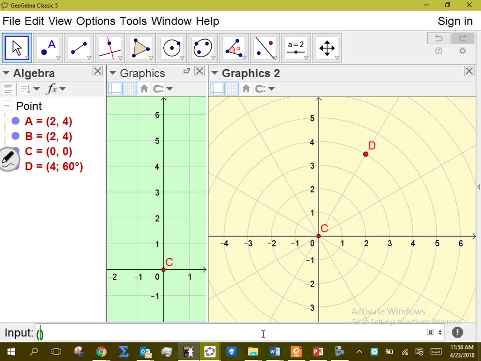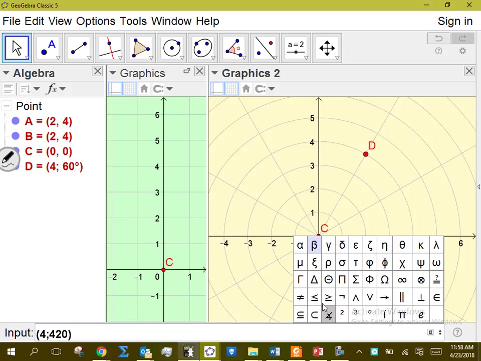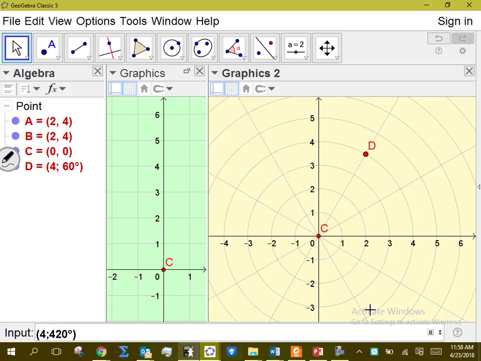Is there an angle that is coterminal with 60 that you guys know about? Is 420 coterminal? Would it mean the same spot?